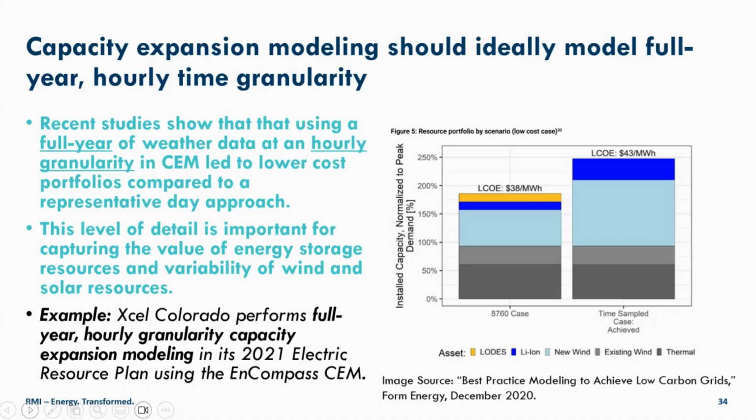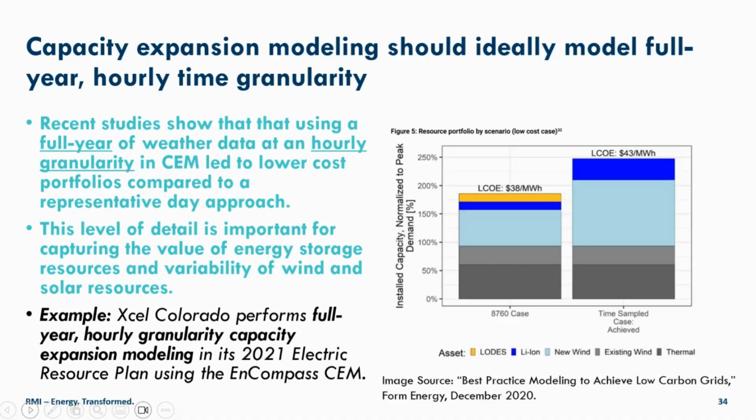Long duration storage might charge over several days or discharge over several days, and the representative day approach wasn't able to capture that. The 8760 approach, which is all hours of a year, chose long duration storage while the representative day approach didn't. And the full hourly year method had a lower cost portfolio.